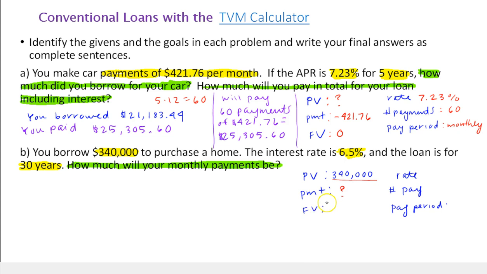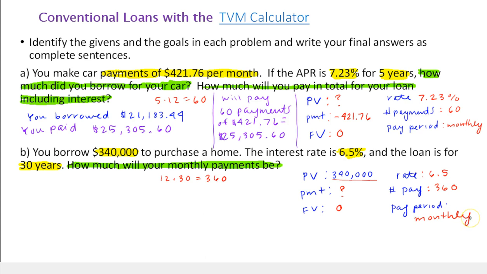At the end of the loan, you will owe $0. Okay. The interest rate is 6.5%. Now you're making monthly payments for 30 years, so 12 times 30 is 360 total payments. And again, the pay period is the same as when you pay, which is monthly.